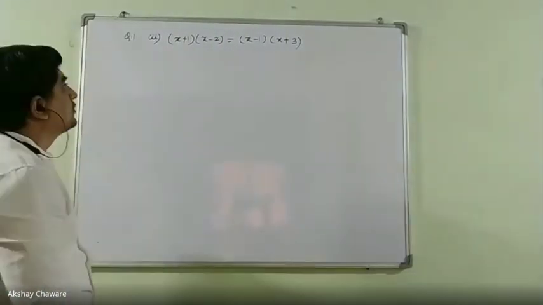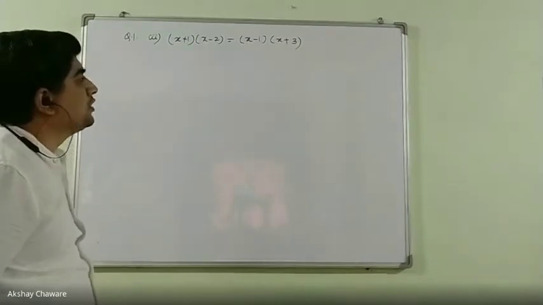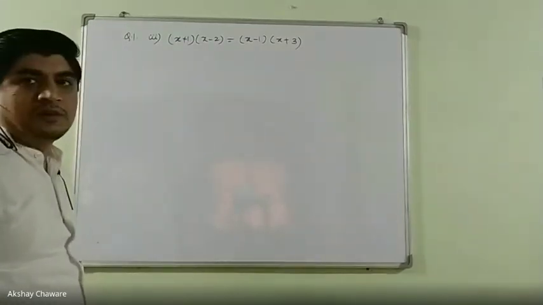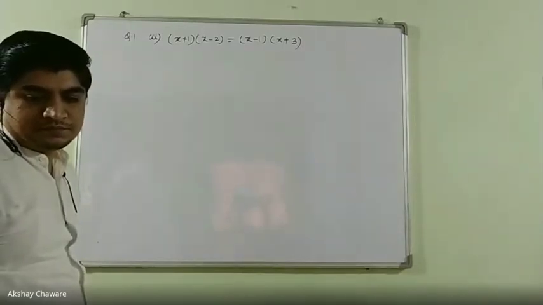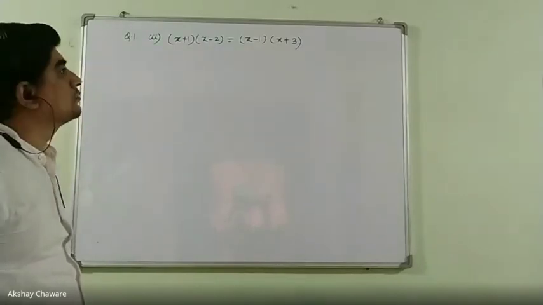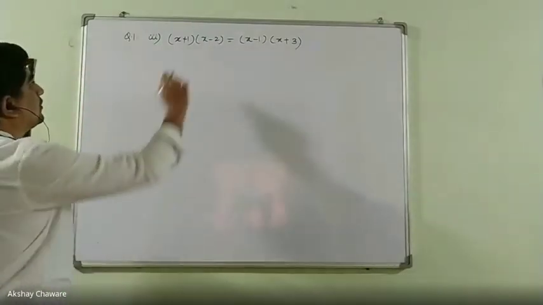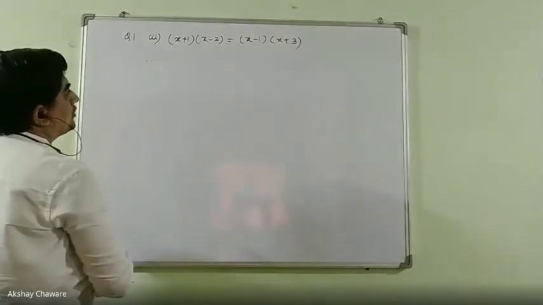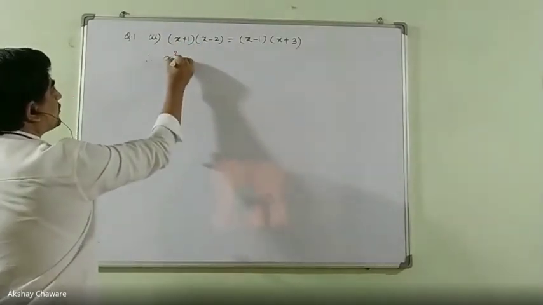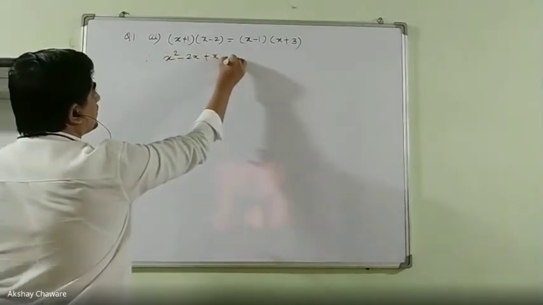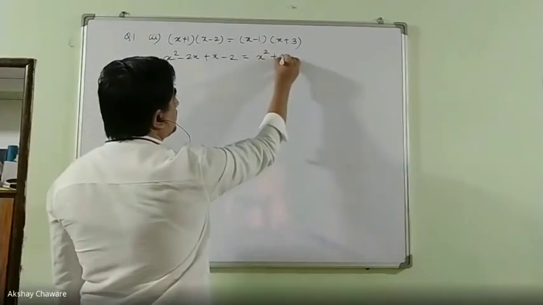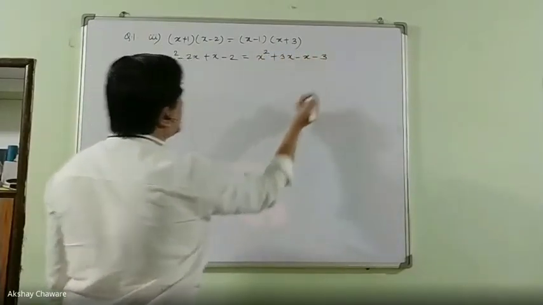Next: x minus 2 into x plus 1 equals x minus 1 into x plus 3. So bracket multiplication is there. We will expand or multiply these two brackets. x into x minus 2 means x square minus 2x plus x minus 2, equal to x square plus 3x minus x minus 3.